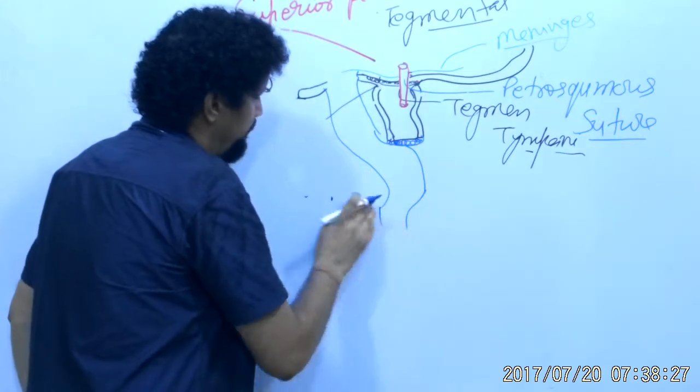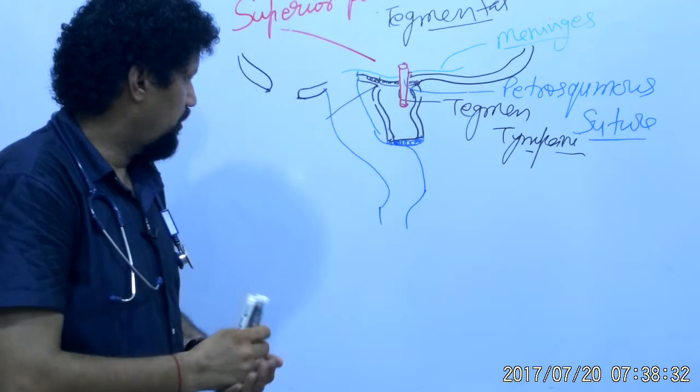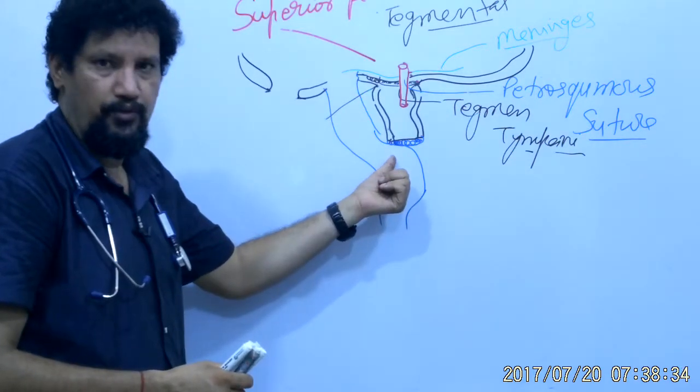And it is related to the superior bulb of the internal jugular vein.